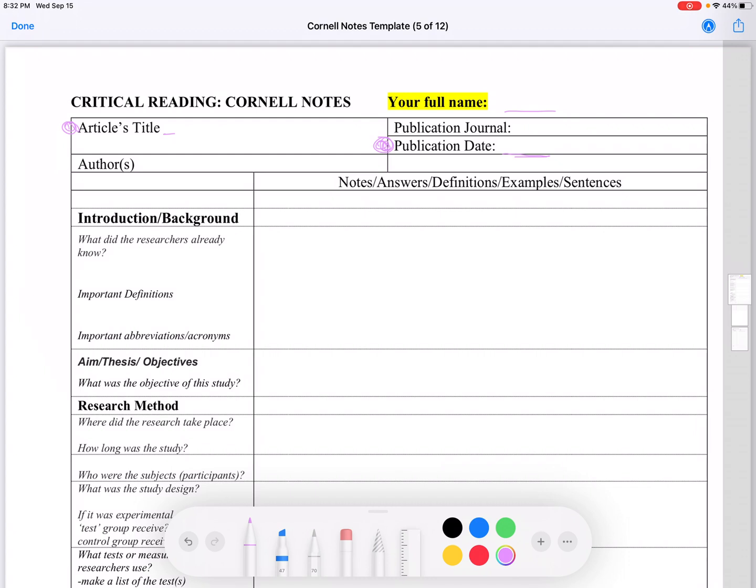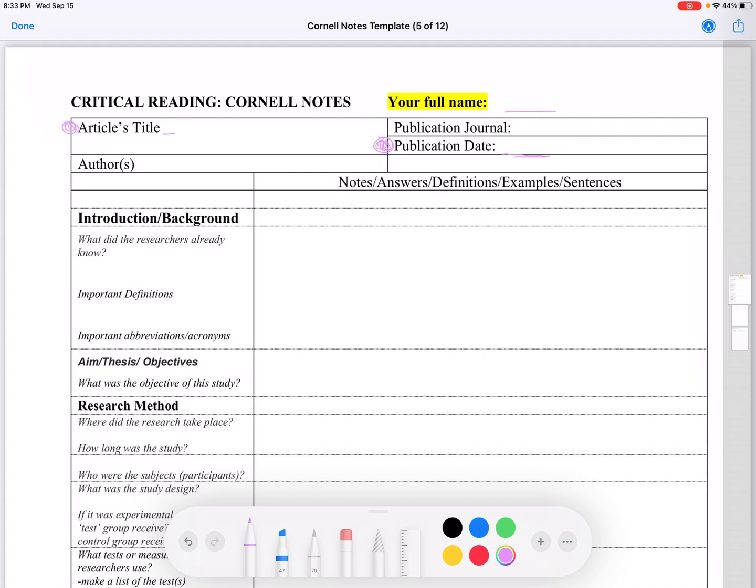Now, in the introduction or the background section of the article, read and keep these questions in mind. So first, the researchers will tell you what they already knew. They will tell you what they knew from their own past research or what they knew from reading about other experts.